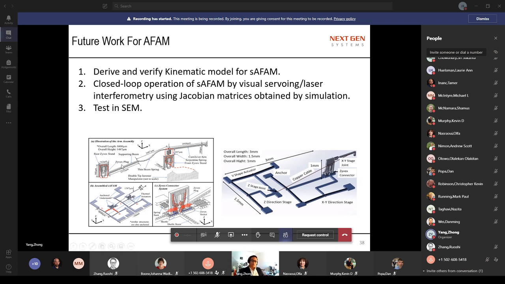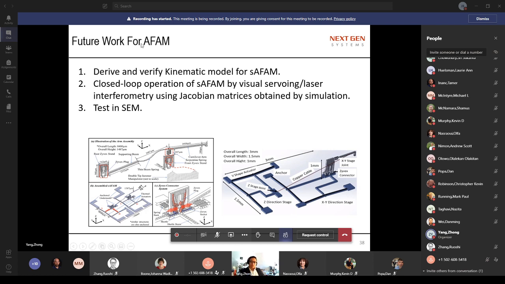We have designed in our lab a new structure for this SFM. It's called SAFM. So instead of using this copper cable to link between different actuators, he designed a spring system to link between these two micro stages.